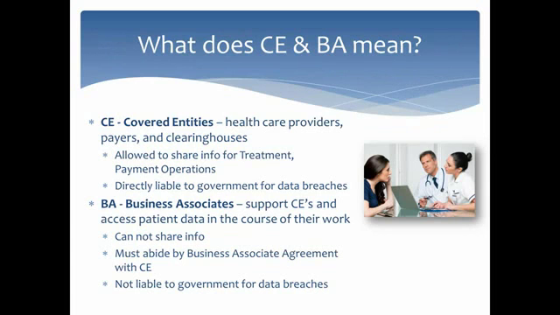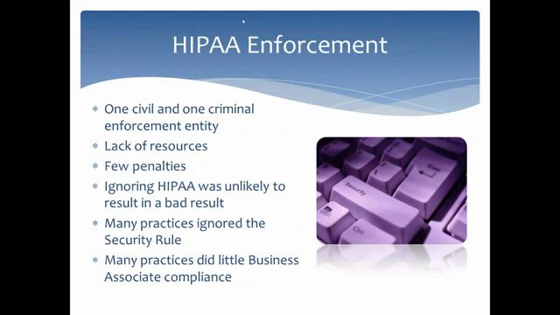The covered entity would have to report it to the affected patients and also to the government, and the covered entity was the organization that was investigated and penalized. The government could not reach out and get to the business associate. Because the business associate agreement was a contract between the two parties, the covered entity did have the right to sue the business associate for breach of contract, but the government could not reach out and get to the business associate.